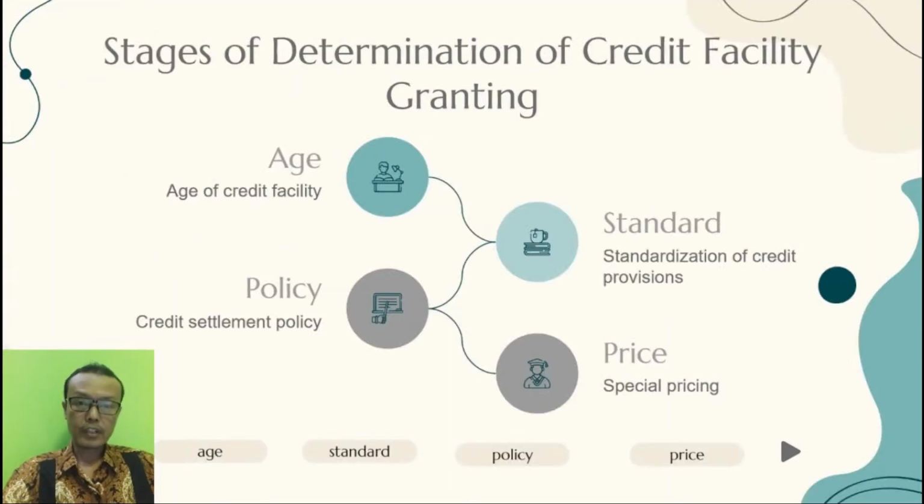The steps that form the basis of the work mechanism carried out by account receivable are these: integrating the act of credit facility, and then standardization of credit provisions and policy, credit settlement policy, and the last, special pricing.